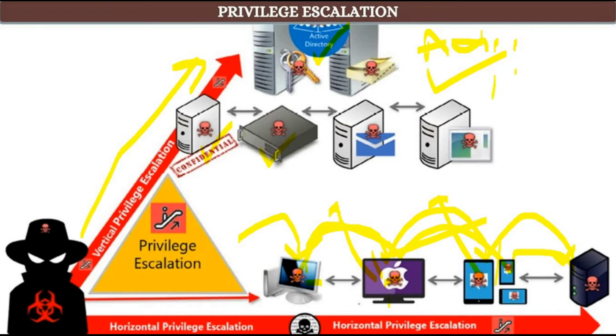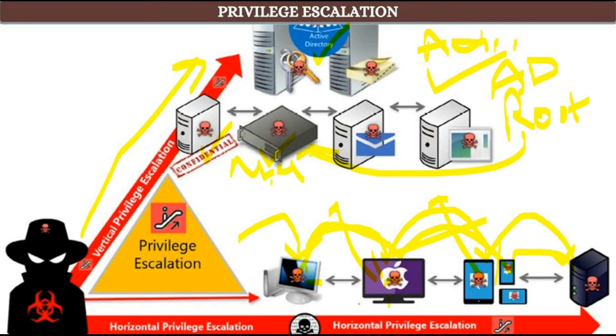If you get access to the admin, obviously it's a much higher privilege escalation. If you get access to the root, it's very high, because from there you can drop anything you want. You can drop malware, you can drop viruses, and you can try to hack other systems from there as well. There are a lot of things in that. I believe this concept is very clear between vertical and horizontal privilege escalation.